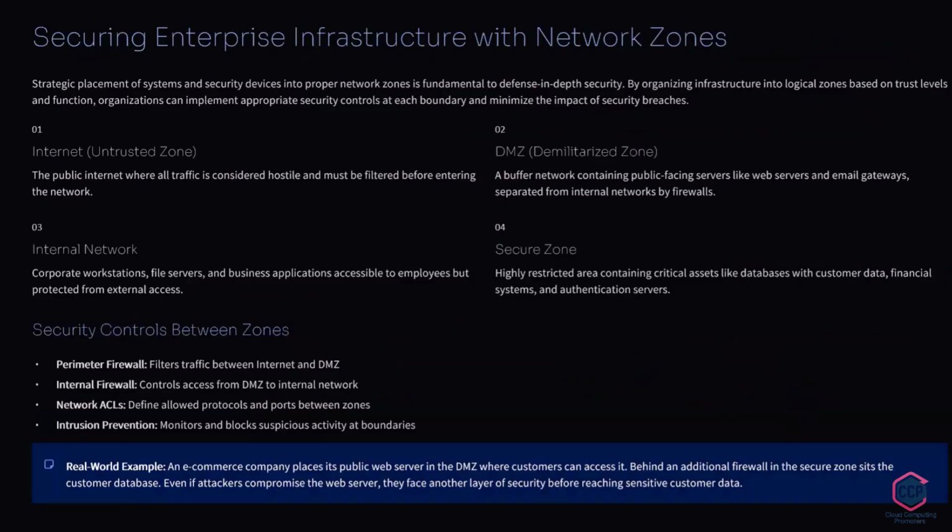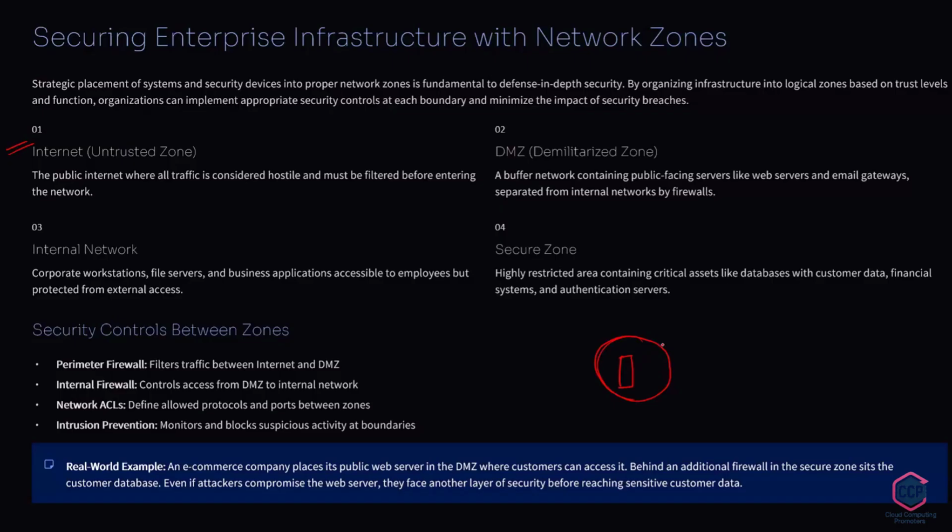So, security enterprise infrastructure with network zones. What all network zones will be there within an organization as a point of security? So internet, which is an untrusted zone, will create here. This is your organization. You will have a security zone.